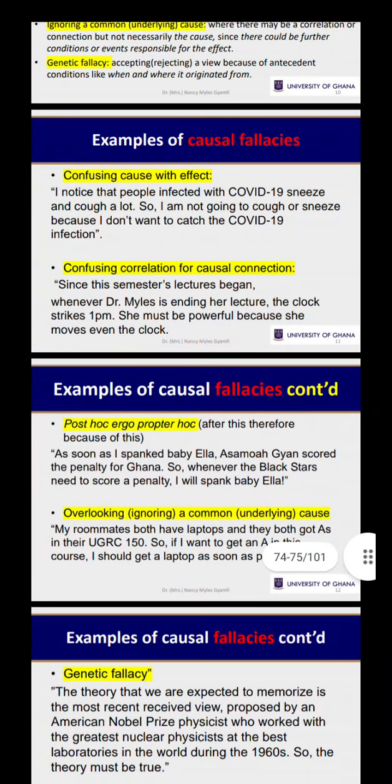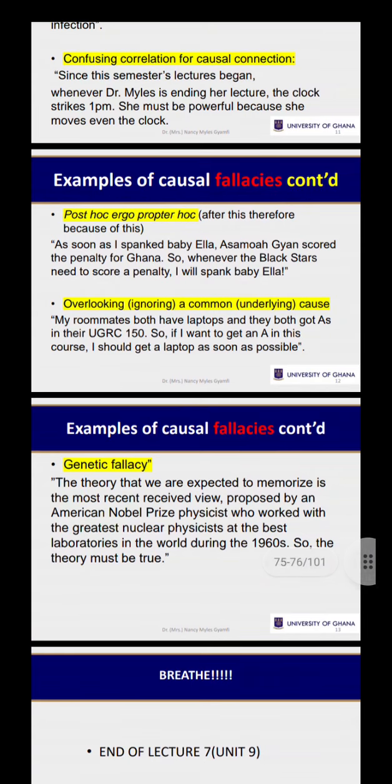The example is: my roommates both have laptops and they both got A's in their UGRC150. So I want to get an A in the course. Should I get a laptop as soon as possible?